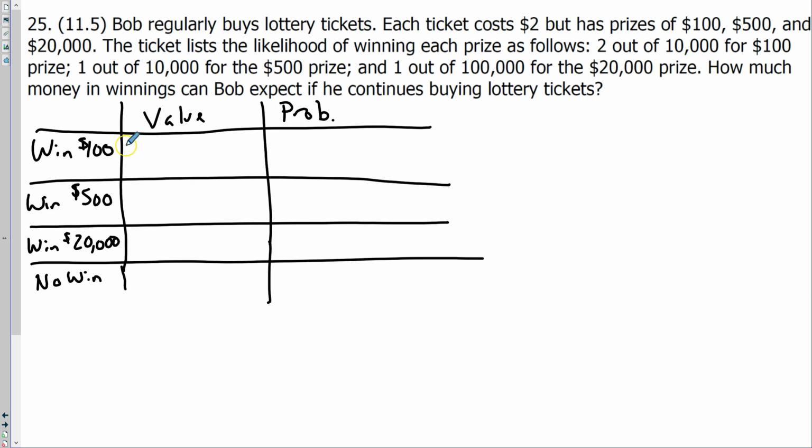So let's say he won the $100 prize. He would win $100, but he had to pay $2 to play the lottery, so he didn't get that back. He kind of lost those $2. So overall, he'd be getting $98. The probability of him getting one of those tickets, they said, was 2 out of 10,000.